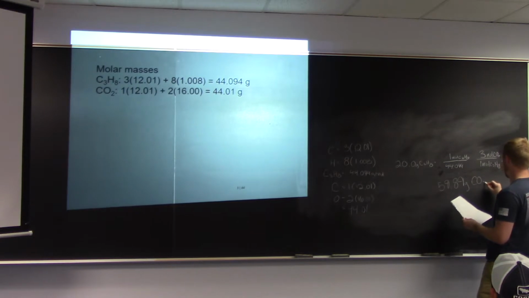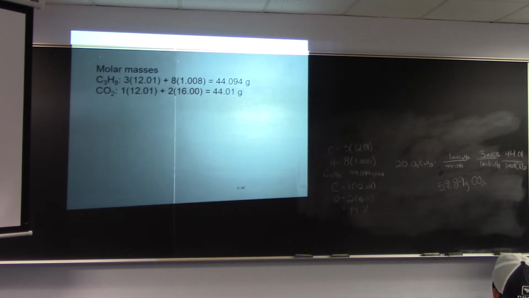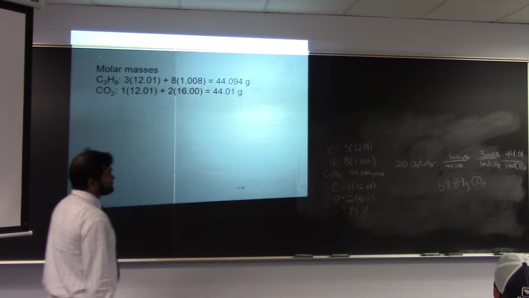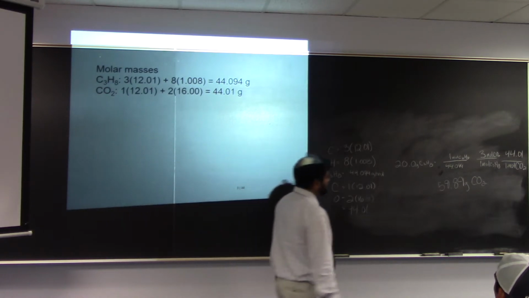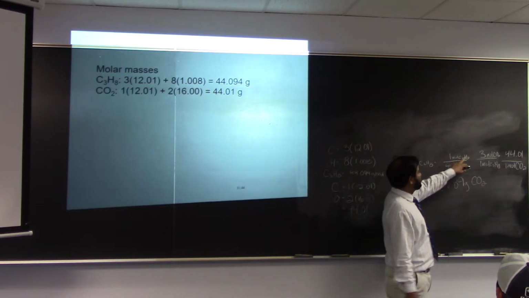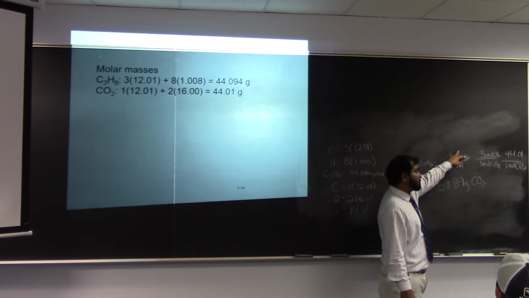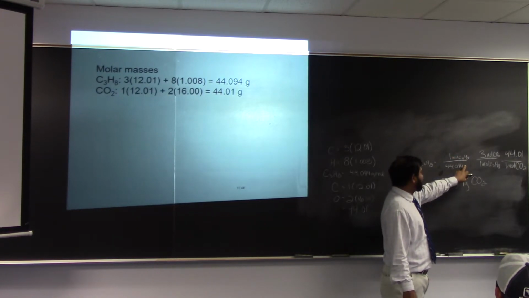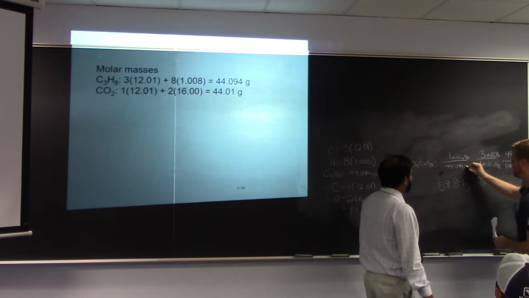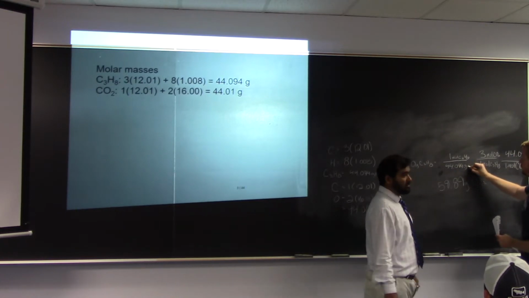Is there a final answer you got? Look at something here. When you write 1 mole of propane, you write this many grams of propane equal to 1 mole of propane. So this should be in grams. You better write propane.